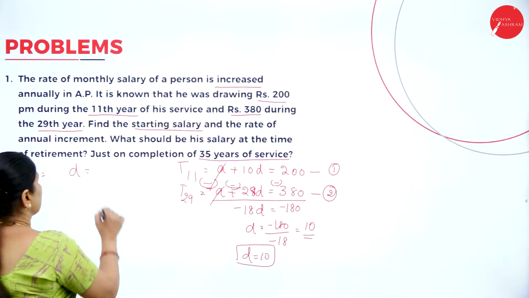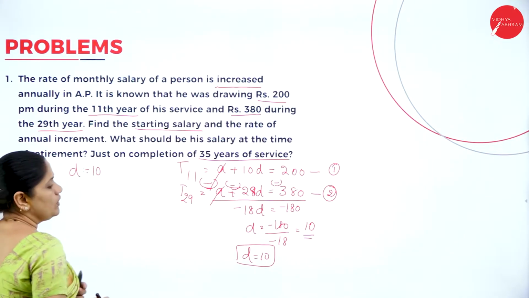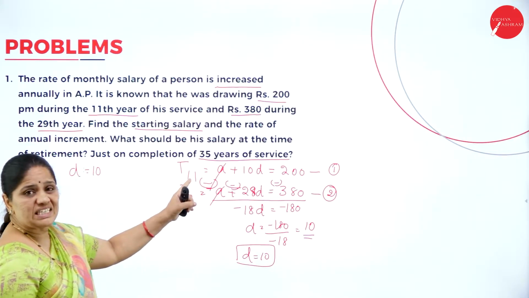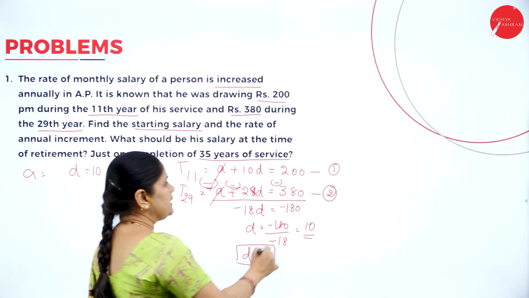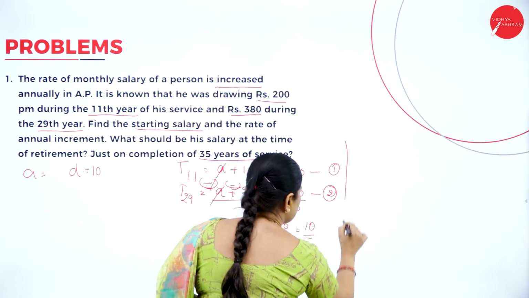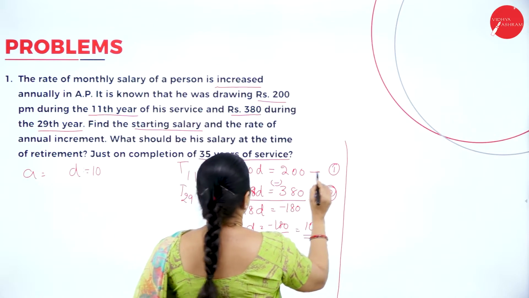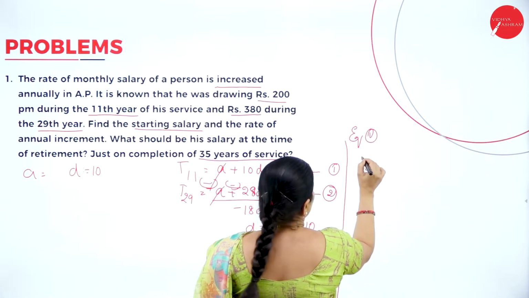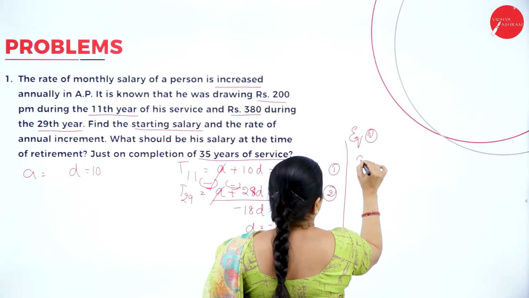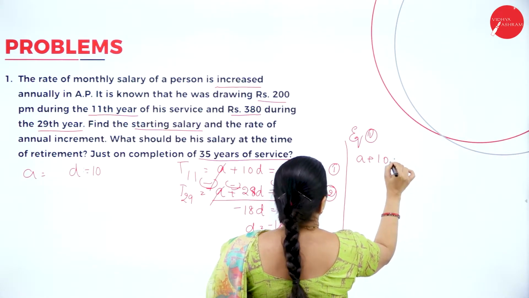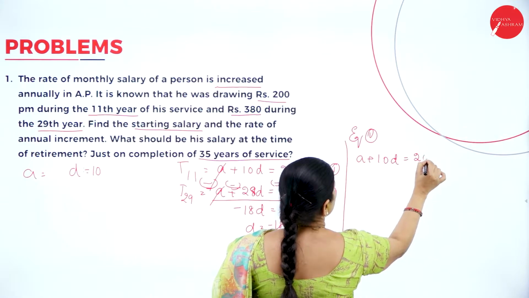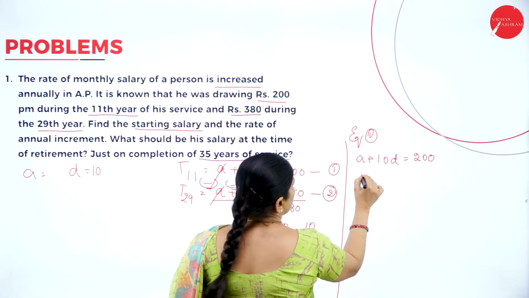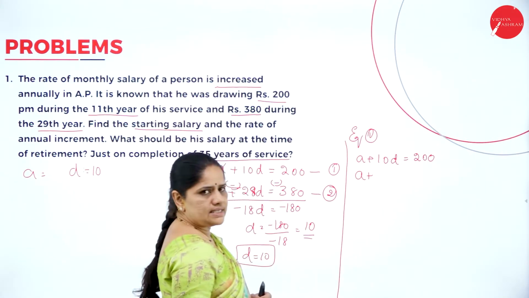Now, we have to find out what A is here. We will substitute the value of D in equation 1. So, I will write A plus 10D equals 200. I don't know A, so I am writing A as it is.